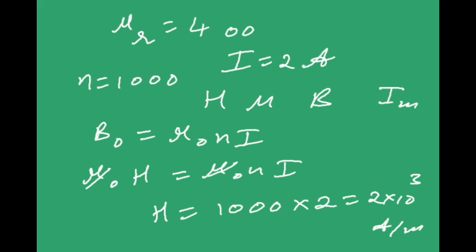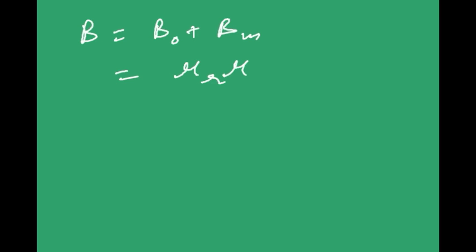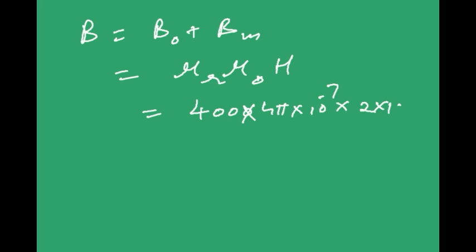Next, let's find the net magnetic field B, that is B naught plus Bm. Or the other way of writing it, as we wrote a few minutes ago, is mu r mu naught times H, where mu r is the relative magnetic permeability, given as 400, and you know mu naught to be 4 pi into 10 power minus 7, and H we just found out to be 2 into 10 cube.